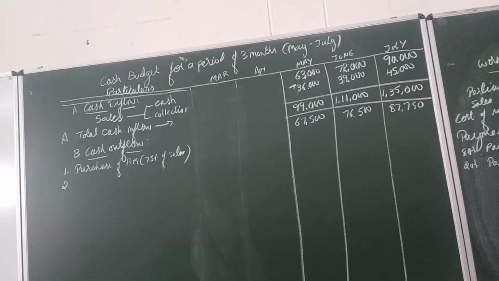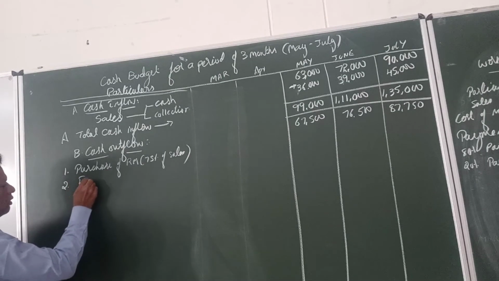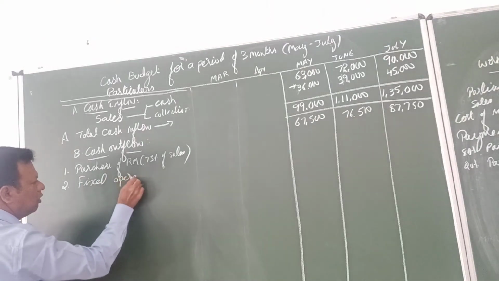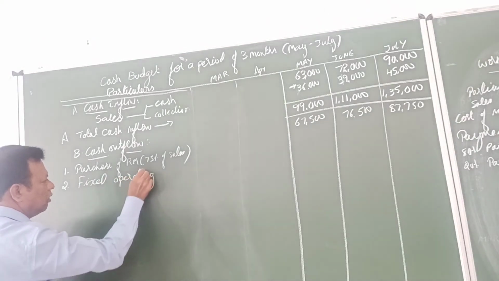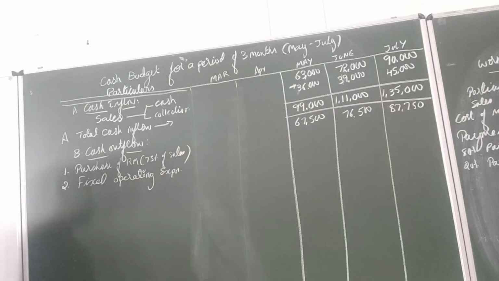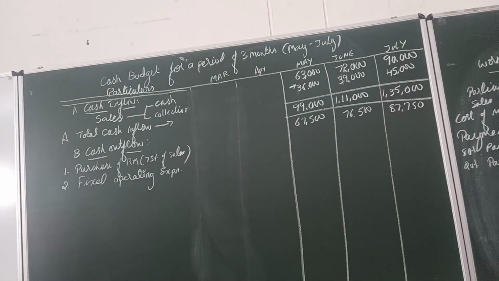Okay. So now we'll take fixed operating expenses. Fixed operating expense how much? 15,000 per month.